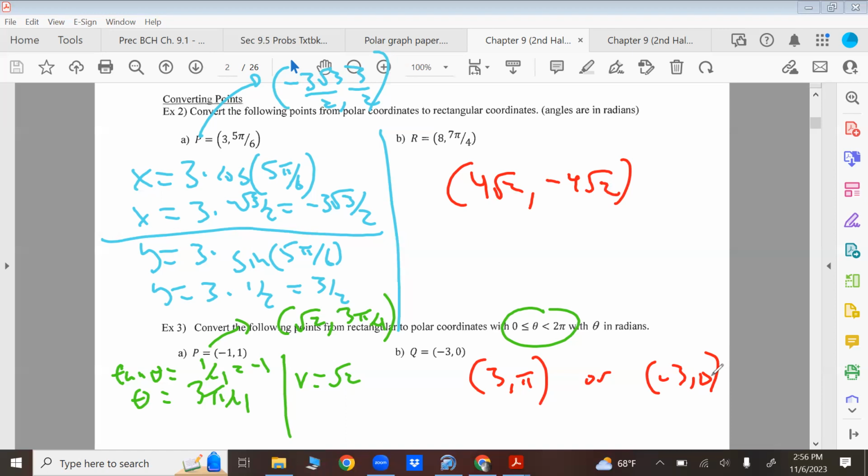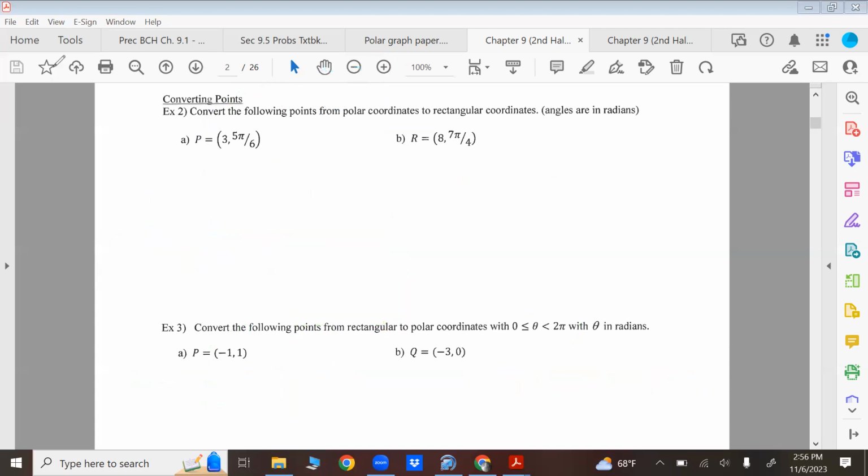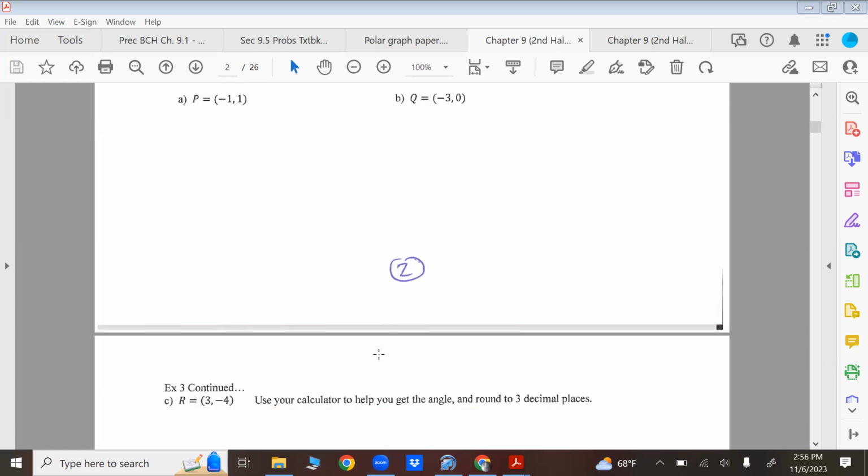But when I solve for r, that's why you have to kind of just look at the graph. The negative 3, 0 is the same thing as 3, 0. Okay, let's move on, guys. How do we know it's not? Because you would not be on the negative x-axis then.